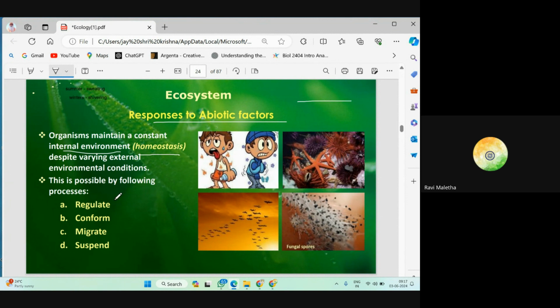So four types of organisms are there. This is not homeostasis, this is response to a biotic factor. We can also relate this with our mentality. When there is an unfavorable condition, four types of people will be there.